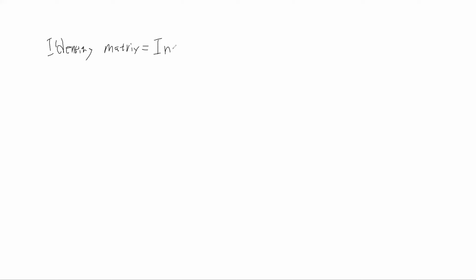It's a square matrix that has 1 along the diagonal, and then 0 elsewhere. You have 0 everywhere else, and then all the ones are on the diagonal.